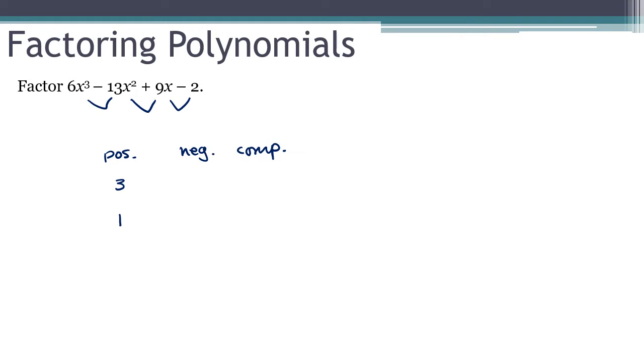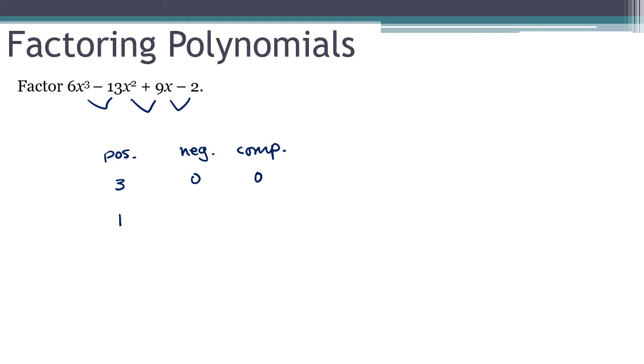Well, because this is a third-degree polynomial, it has at most 3 roots or 3 factors, which means if it has 3 positive ones, then the other 2 are both going to be 0. Now, if it has 1 positive root, I have 2 possibilities.